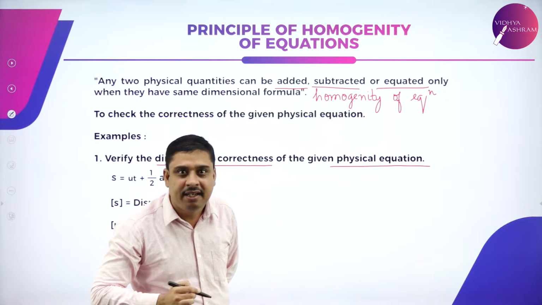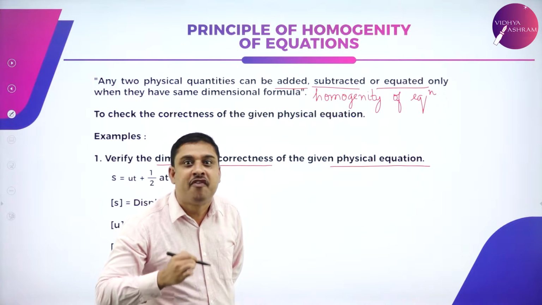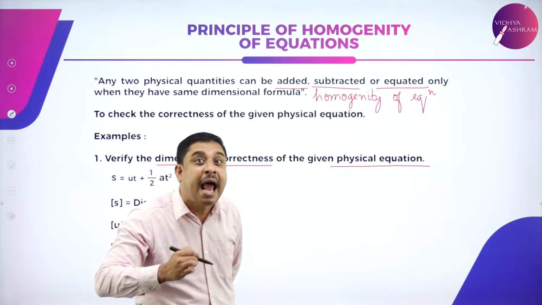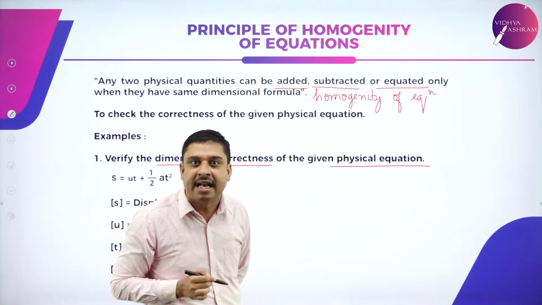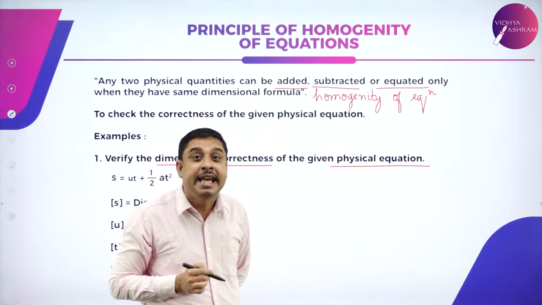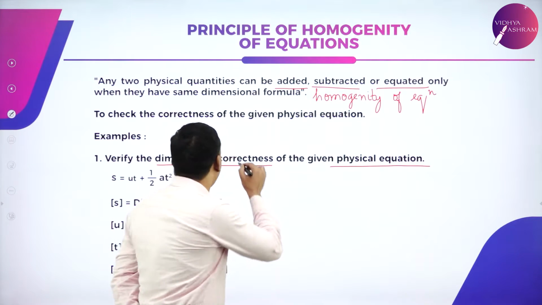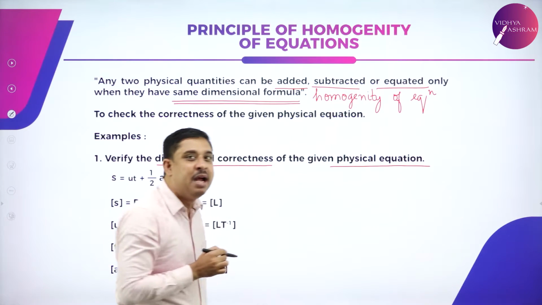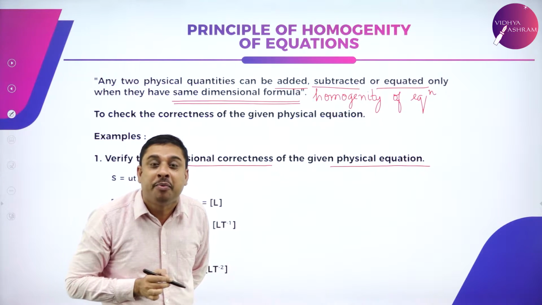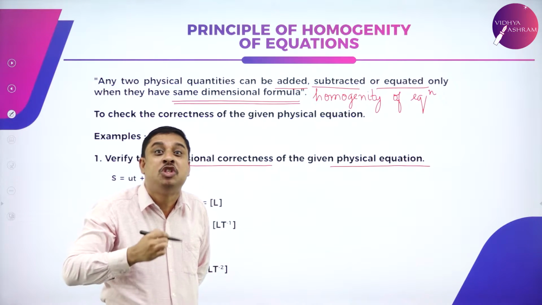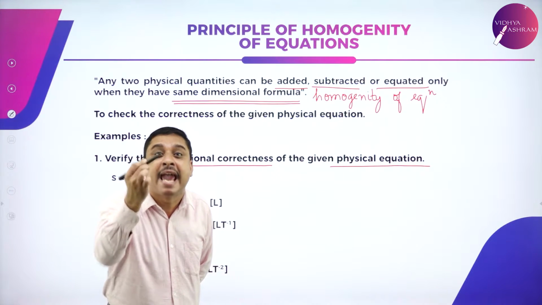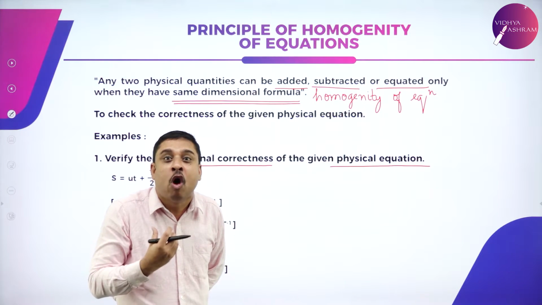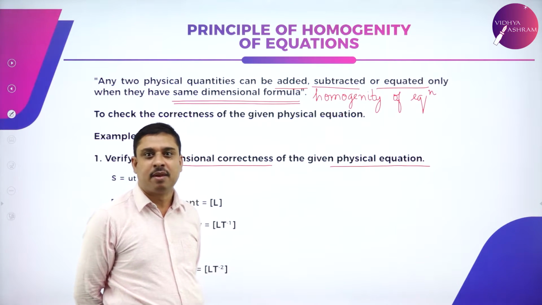I can add any two physical quantities, I can subtract two physical quantities or equate them only when they have the same dimensional formula. Homogeneity, being same. What has to be same here? The dimensions of those physical quantities.